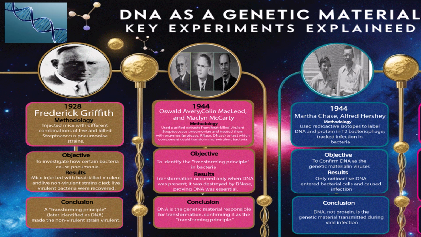Griffith proved that some transforming principle was responsible for carrying the genetic information from one cell to the other, whereas the chemical nature of this transforming principle was convincingly proved by Avery, MacLeod, and McCarthy, who used different enzymes, lipase, RNase, proteinase, and DNase, to treat the bacterial samples from the Griffith experiment, and to prove that DNA was the transforming principle. Because when DNase was added, the transformation was affected.